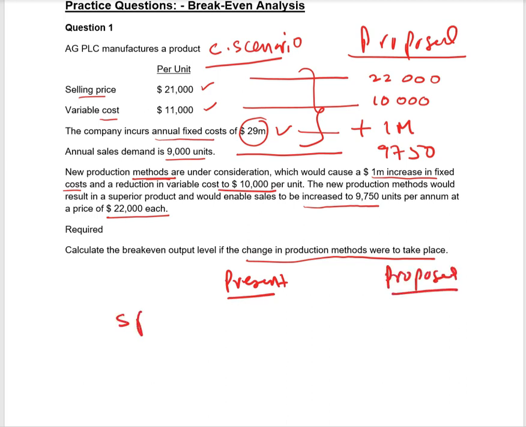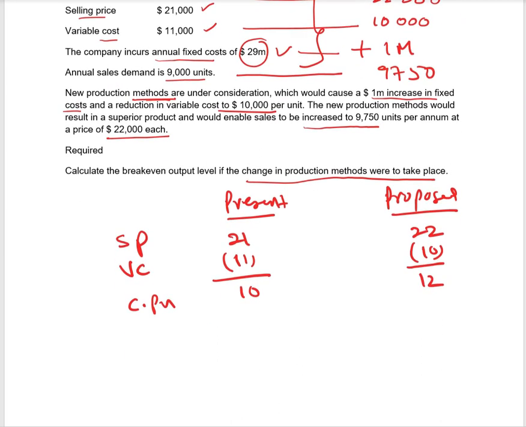So let's take the selling price, here 21,000, here 22,000. Variable cost 11,000, here 10,000. So your contribution per unit will be here 10, here 12. So this is the contribution per unit.